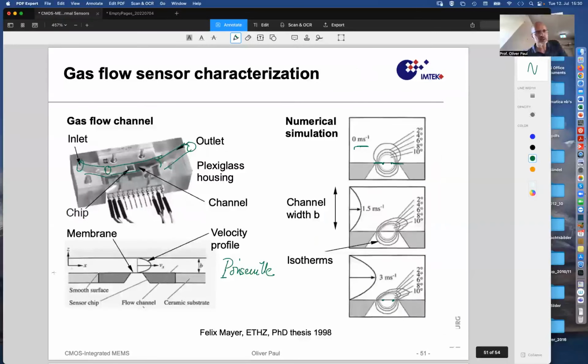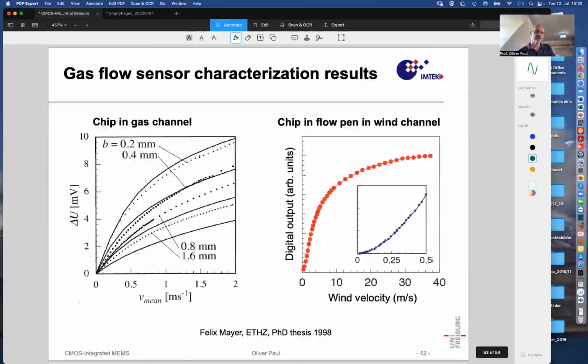That is due to the fact that if the average velocity is the same, that parabolic profile has a much higher slope in this area. For the smaller profile, this slope is going to be much stronger. It scales with 1 over the diameter of the channel, and that influences the profile as well. That's what we see here, that smaller channels cause higher sensitivity.